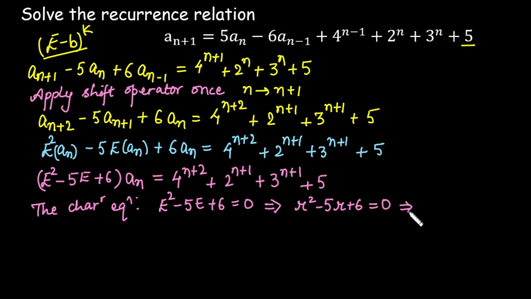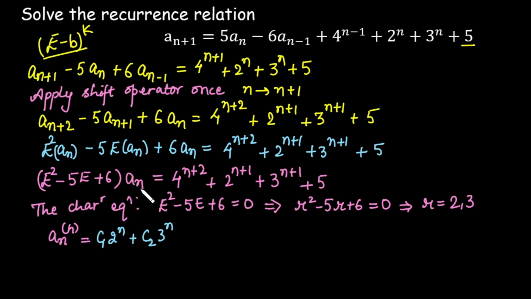What are the roots in this case? Roots are 2 and 3. Roots are real as well as distinct. So the homogeneous solution is equal to first constant 2 raised to power n plus second constant 3 raised to power n. Now we can move towards the particular solution.